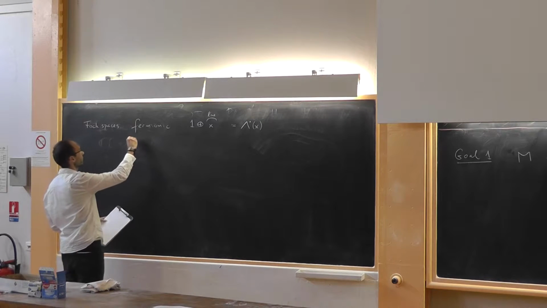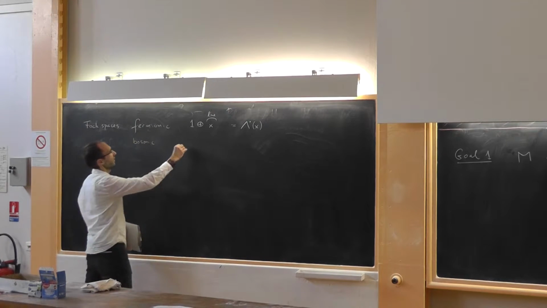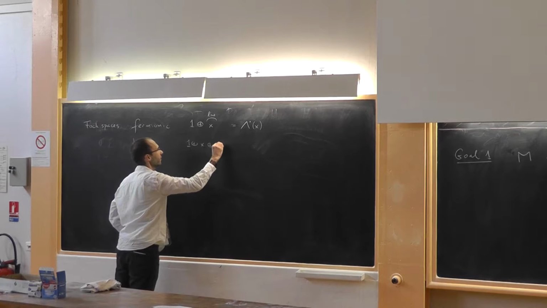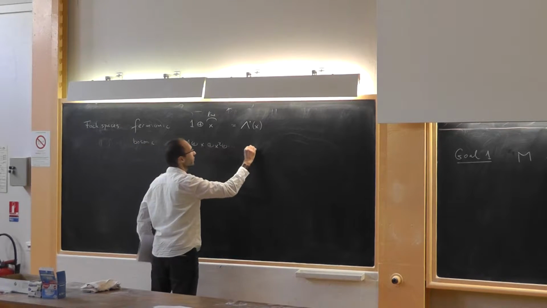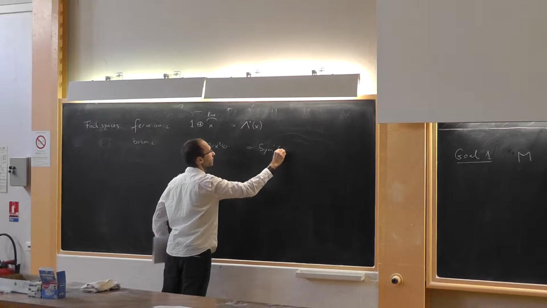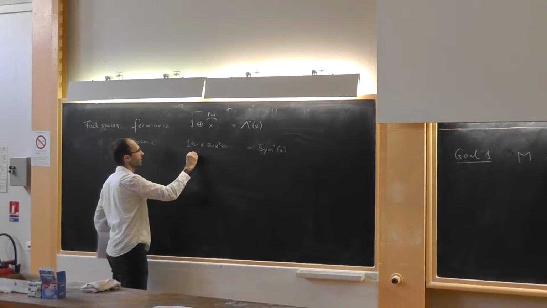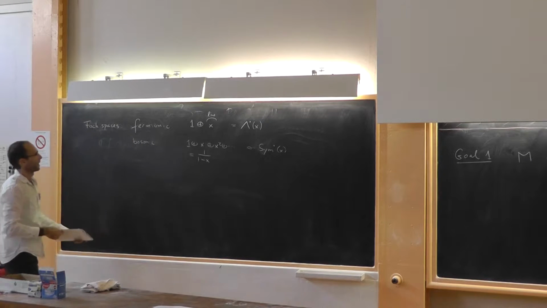And there's a bosonic version of this: 1 plus x plus x squared plus dot dot dot, which is the vector space of the symmetric algebra, which in shorthand I can write as 1 over 1 minus x.